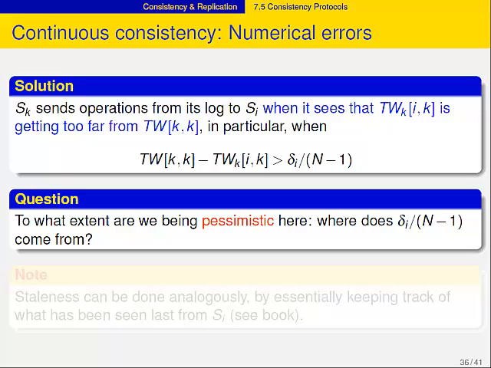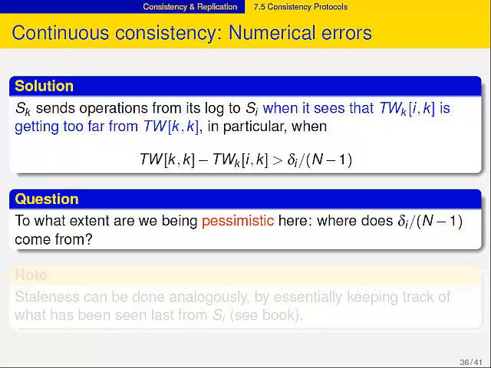Let's take a look at the truly optimistic one. The truly optimistic one would be that every server would instantly propagate its updates to server S_I. That means that S_I is already in a very good state, and you are at most delta units away from that.